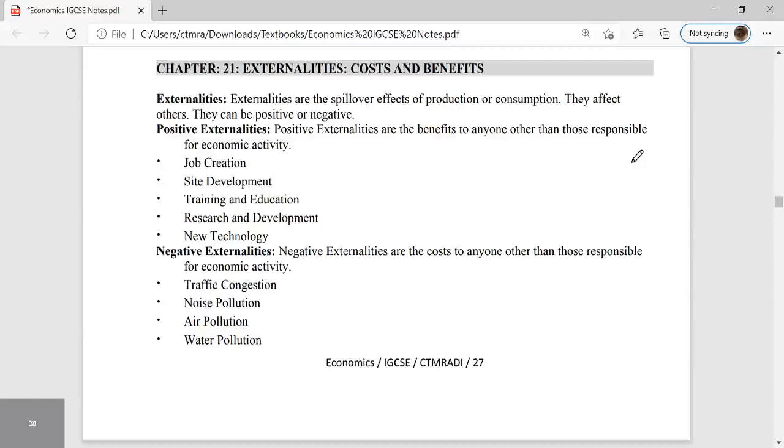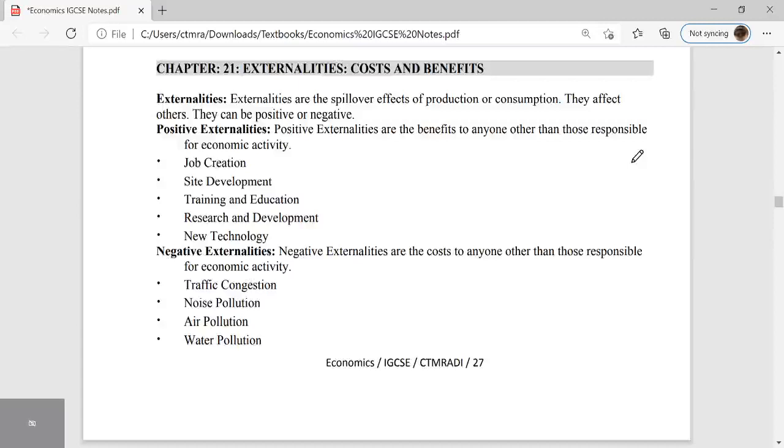Then water pollution can be there, like when you drop chemicals or harmful oil in nature. That's again a problem. So any kind of production or consumption that leads to this kind of pollution is an example of negative externalities. Then positive externalities, let's stick with the same example.